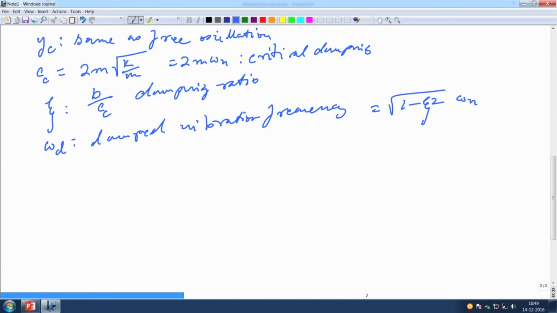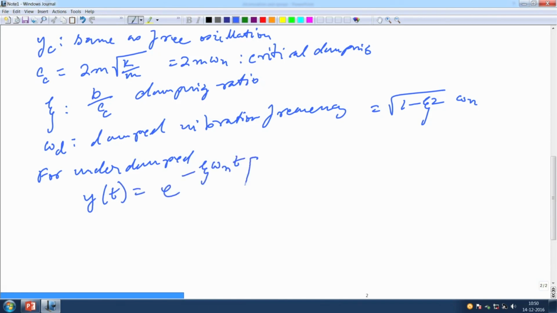Now, for an underdamped system the solution becomes y(t) equals e to the power of minus something times d1 cos omega d t plus d2 sin omega d t, right.